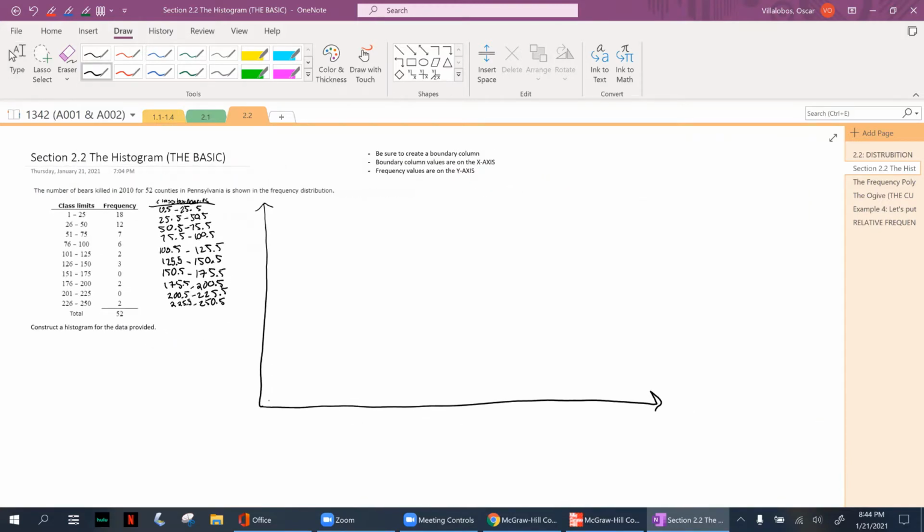My x-axis is this one right there, where that is going to be my class boundaries. And my y-axis is that one right there. This is going to be my frequencies.